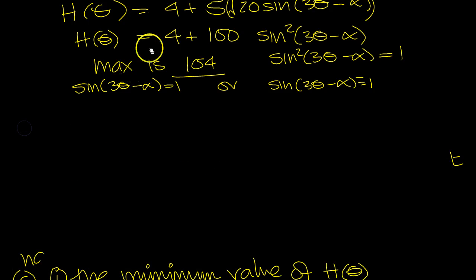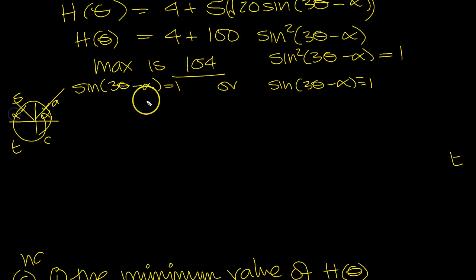So here then, let's have a quick look. CAST, sine is positive here and here. So that would be alpha. Sine alpha is 1, so alpha is 90. Easy to see. So 3 theta minus alpha is equal to 90.